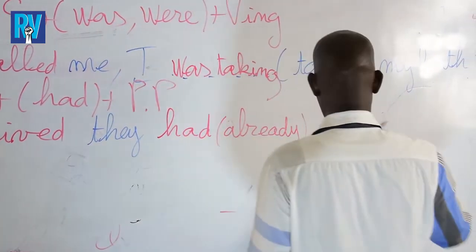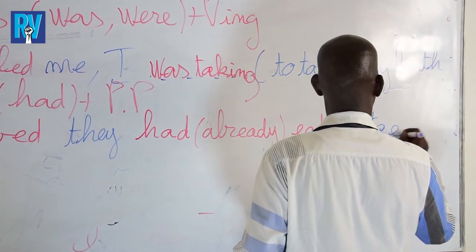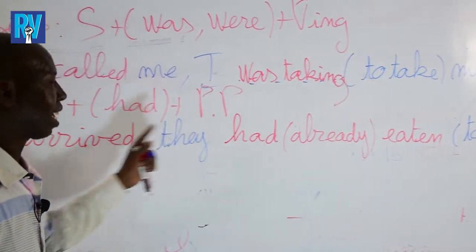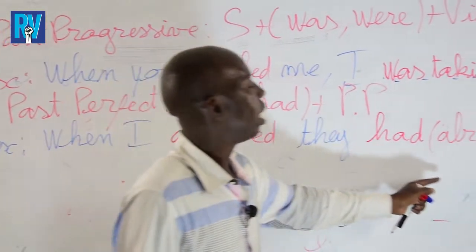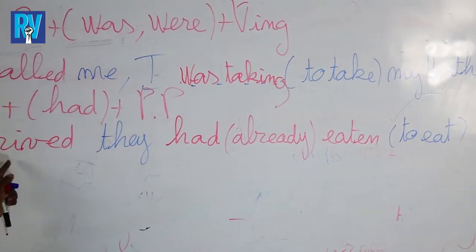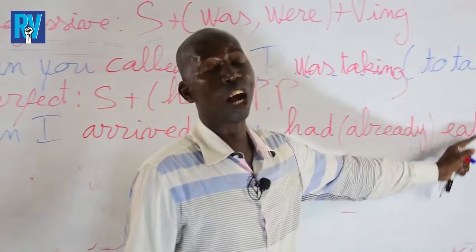For the verb to eat. Alors, là nous avons deux actions passées, mais cette action-là est antérieure à celle-ci. Okay? When I arrived, quand je suis arrivé, ils avaient déjà mangé.